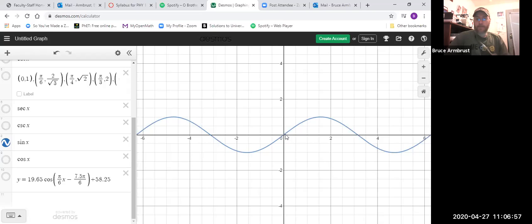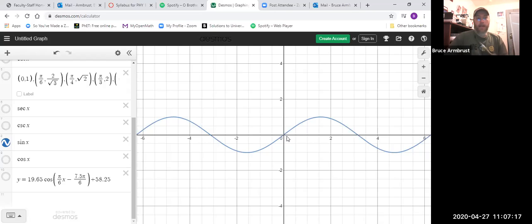It has a whole bunch of intercepts, and those happen at every pi. This is 1 pi, then 2 pi, and in the other direction minus 1 pi, minus 2 pi, and so on.